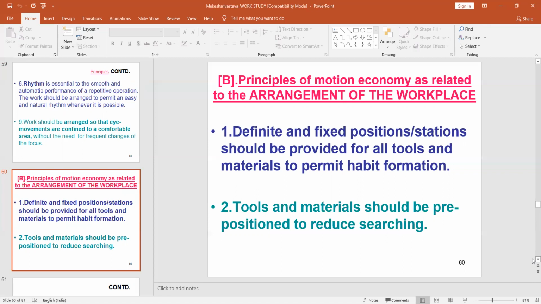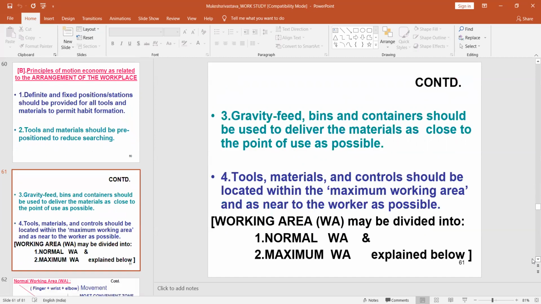This basically helps us fix that particular thing in our subconscious mind. Tools and material should be pre-positioned to reduce searching. Obviously when we make these fixed positions, that also helps us reduce the situation of searching for that particular material or tool. So this also helps increase your productivity.